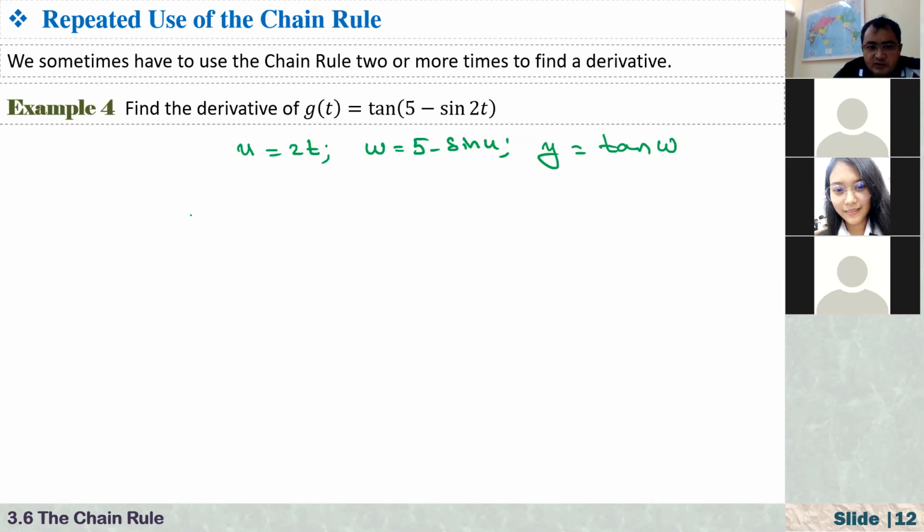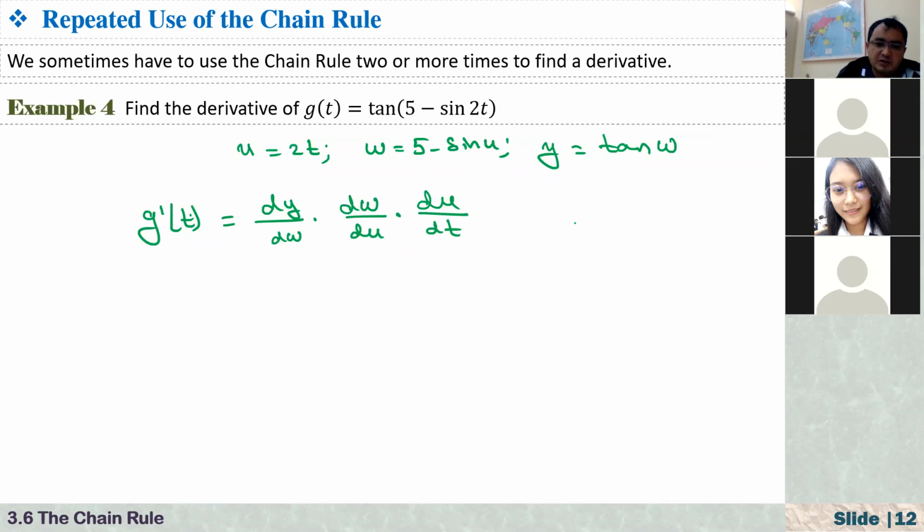If I want to differentiate g with respect to t, first differentiate y with respect to w, times w with respect to u, times u with respect to t. And that's why it is called the chain rule.